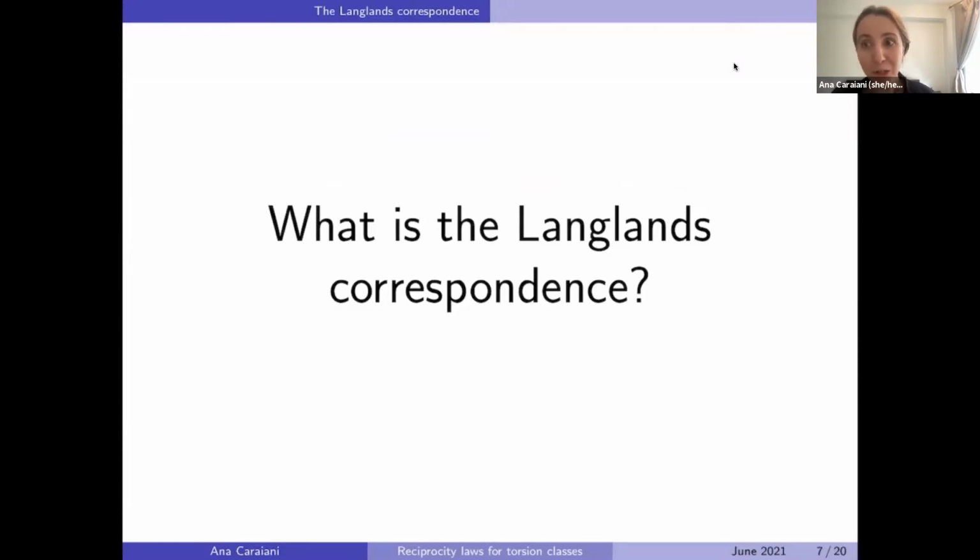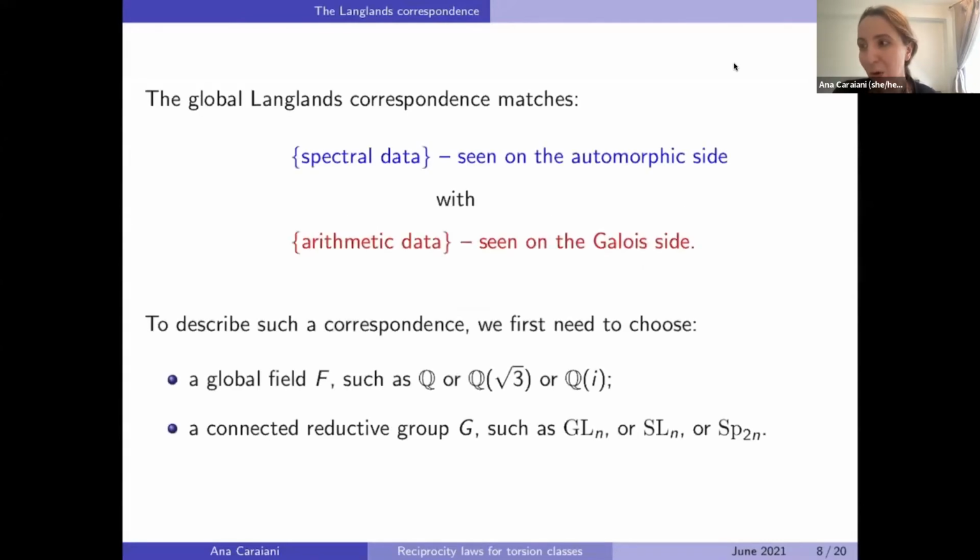So I want to talk about the Langlands correspondence from a slightly more general perspective in order to discuss some very recent developments. So the global Langlands correspondence is supposed to match spectral data, by which I mean systems of eigenvalues that you extract from the topology of certain highly symmetric spaces.